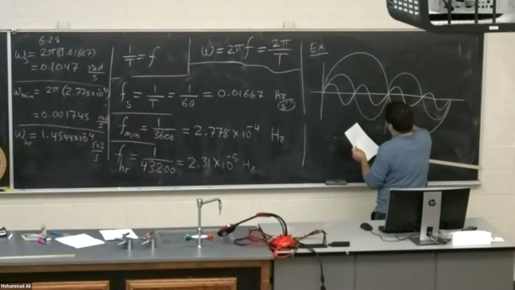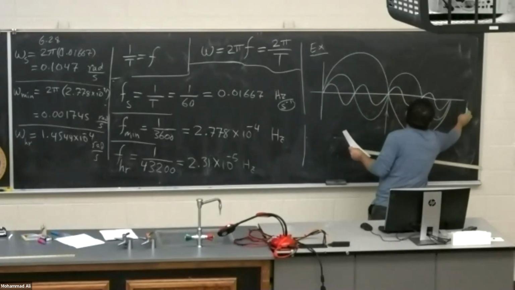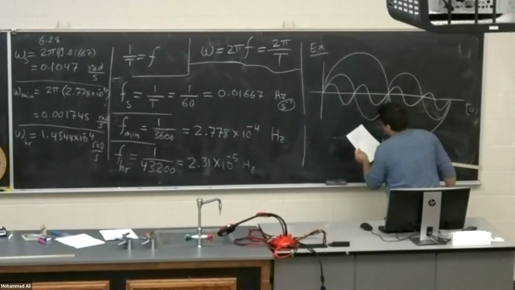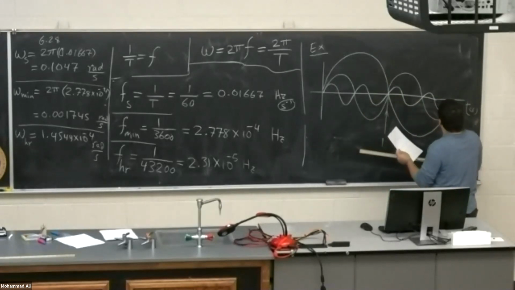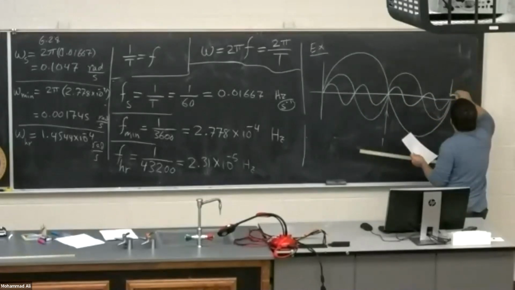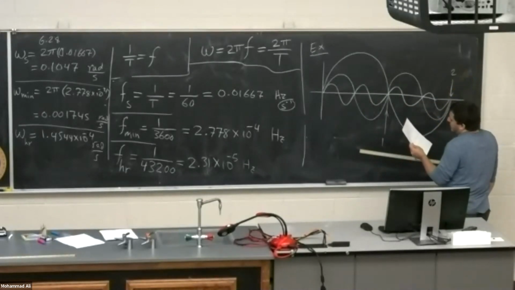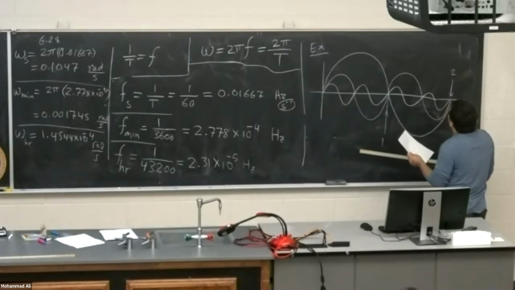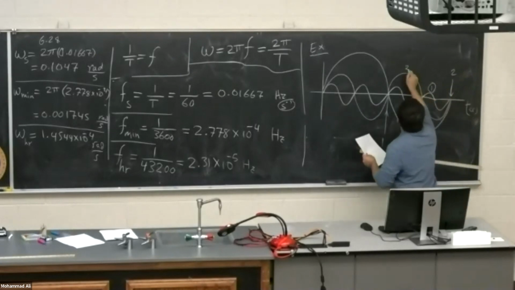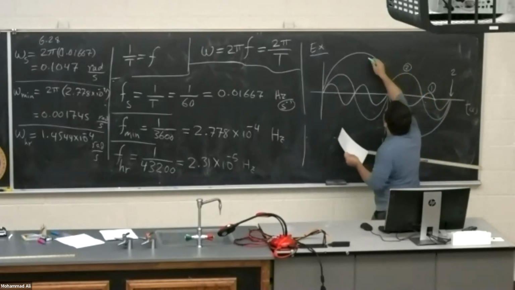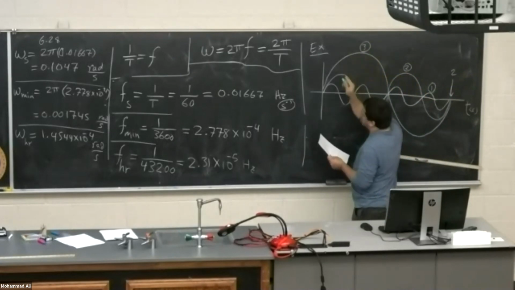We have here the time. I think this is the time axis, in seconds. This is 1 second. Yes, this is 2 seconds, and so on. The small wave is wave number 1. The bigger wave is wave number 2, and the biggest wave is wave number 3.